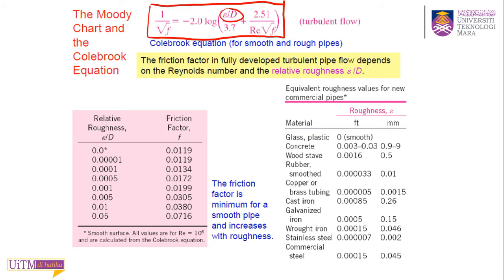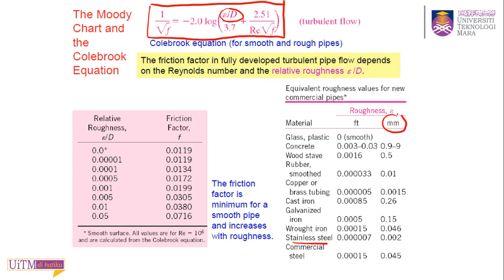To get this value, normally the question will provide you with the material of the pipe, whether it is glass, rubber, copper, galvanized iron or stainless steel. Let's say the material of the pipe is stainless steel. From the table, from the Moody chart, you will know the roughness of that material in millimeter.